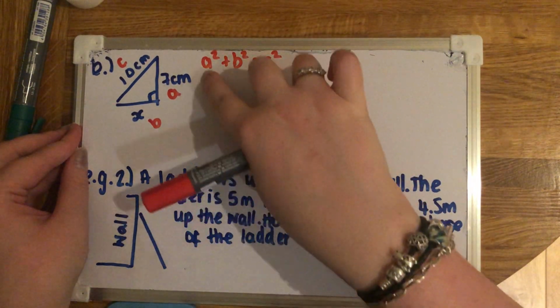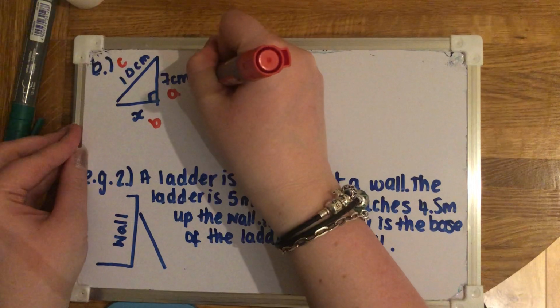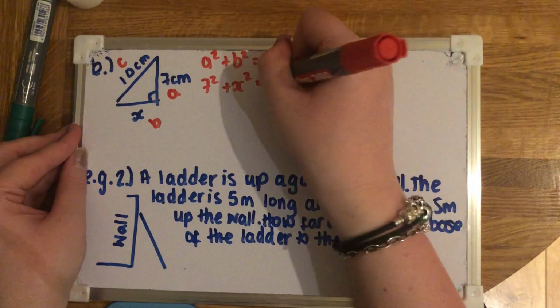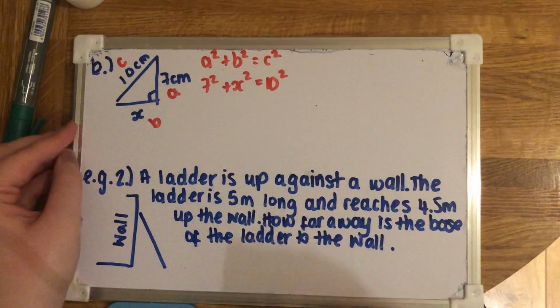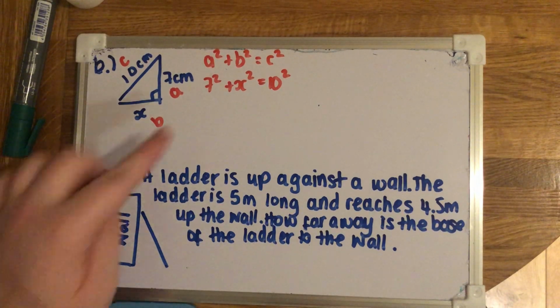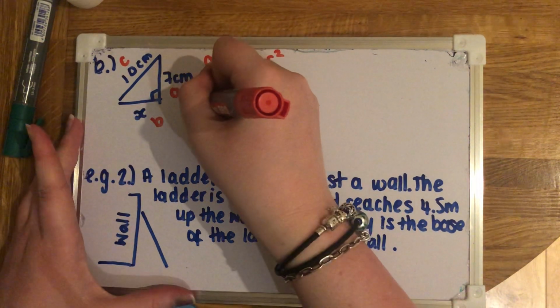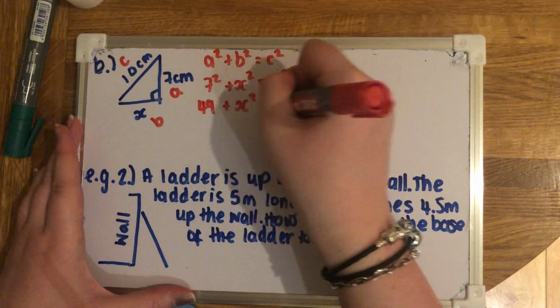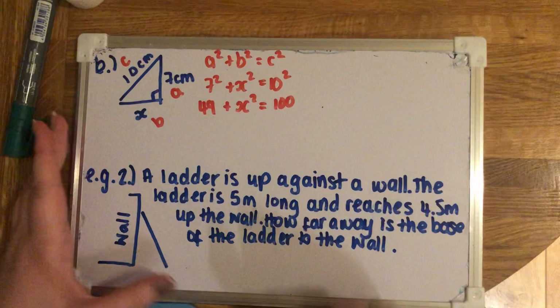So A is 7, B is X, and C is 10. Make sure that you've got the squares with them as well because that's what it says in the formula. Again, next step, actually work out what 7 squared and what 10 squared is. So 49 plus X squared equals 100.